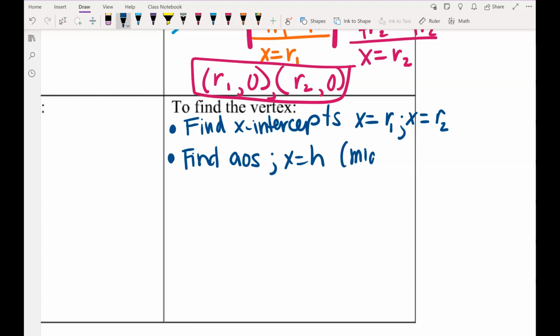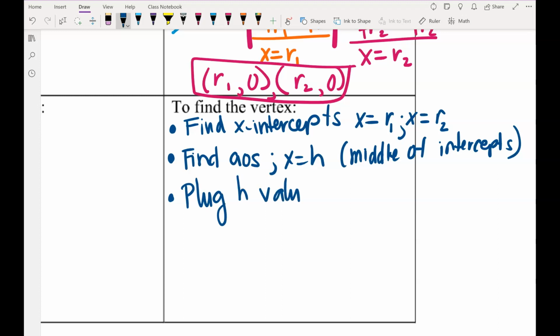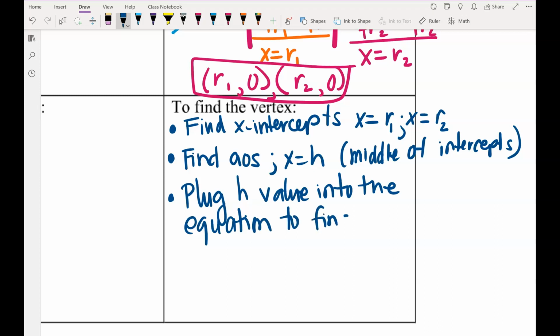In the middle of the intercepts. Well, we got the h value now. How do we get the k value after we found the axis of symmetry? Plug the h value into the equation to find k, aka y.